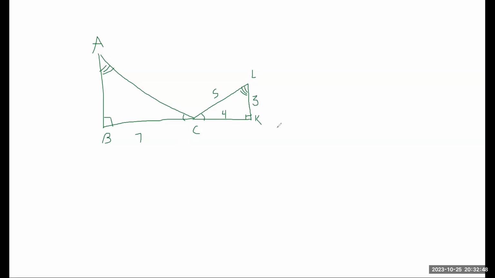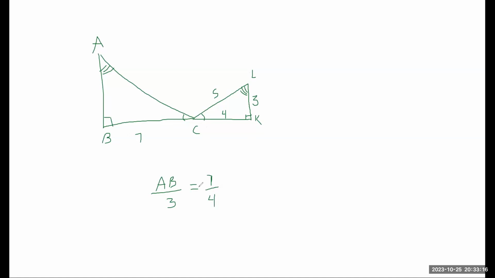So I'm going to now set up my proportion, and my proportion is going to be that the height from A to B corresponds with my height from L to K, which is 3. And my length of B to C, which is 7, corresponds to my length of C to K, which is 4.